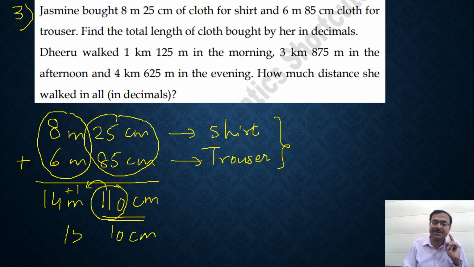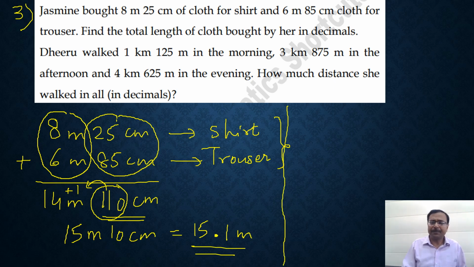So 15 meters and 10 centimeters. Now 10 centimeters is 10 upon 100, which is 1/10 of a meter, and 1/10 is 0.1. So 15.1 meters is the answer for this question.